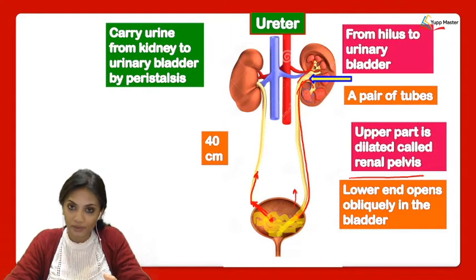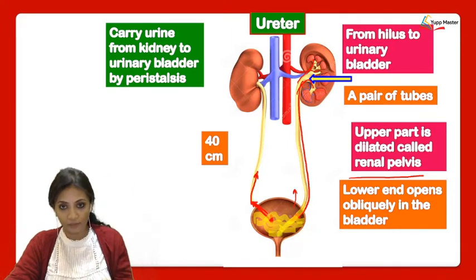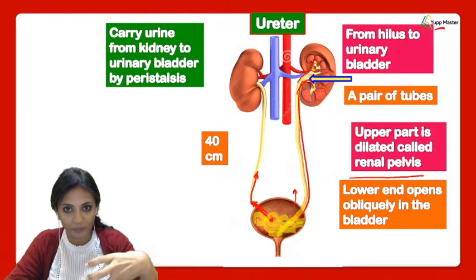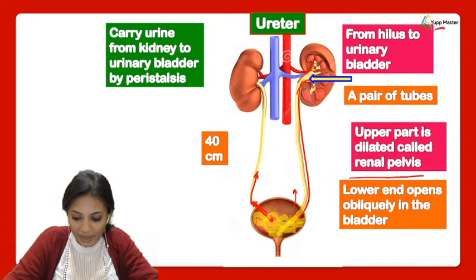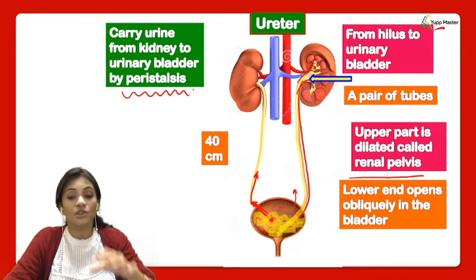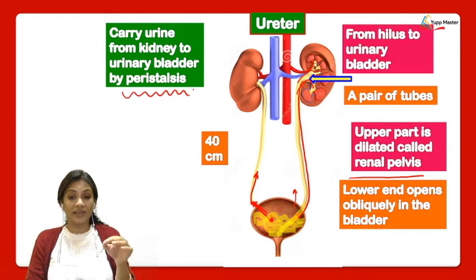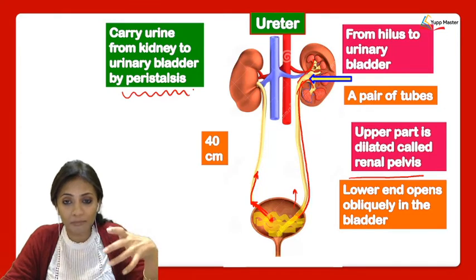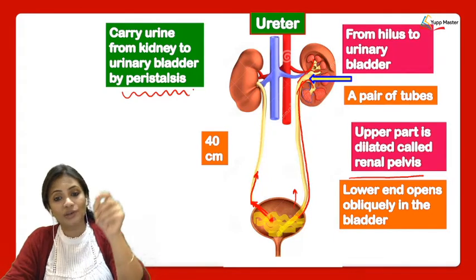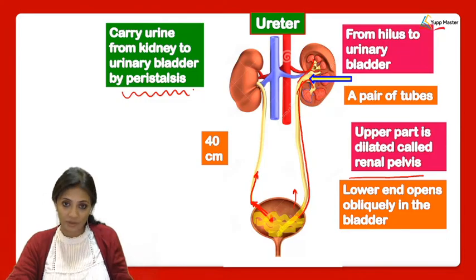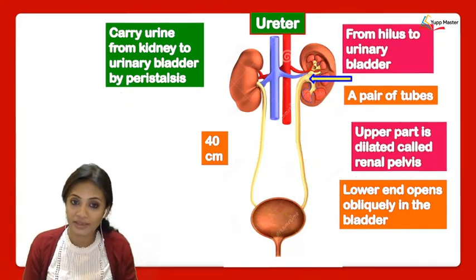And remember, in a tubular organ, whenever you have alternate contractions and relaxations happening, this is called peristalsis. So whenever urine is made in the kidneys, it travels down and enters the urinary bladder by a process called peristalsis.